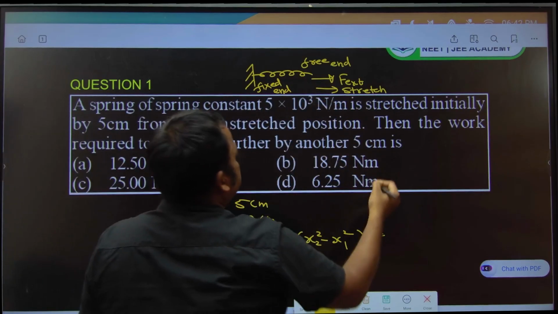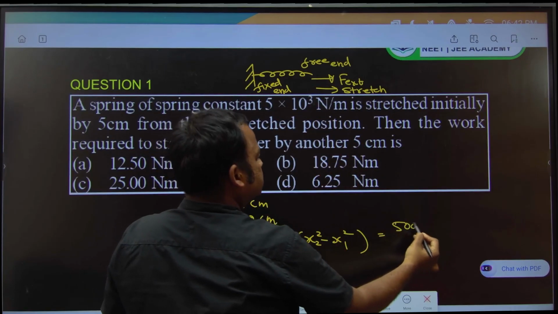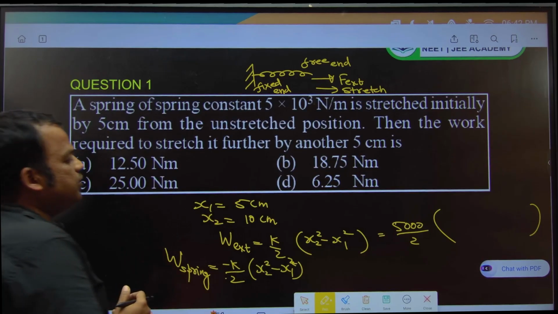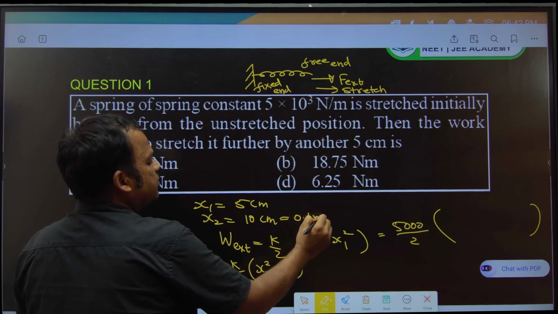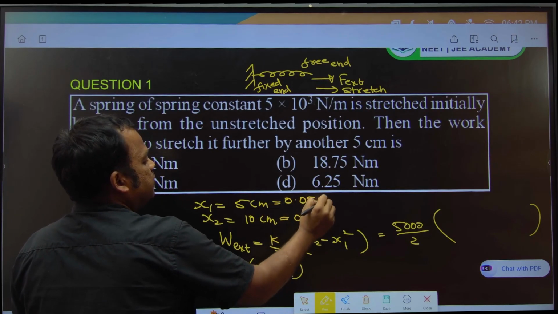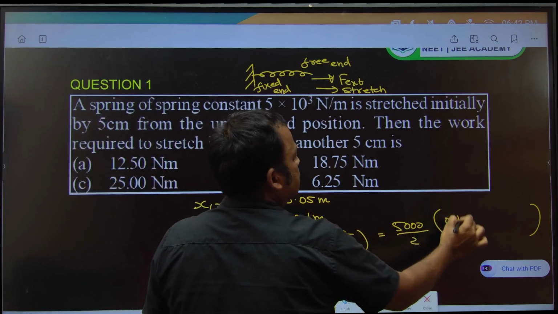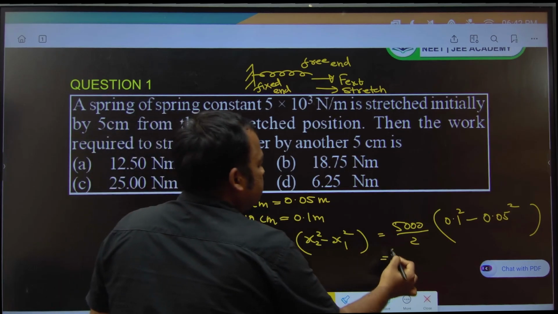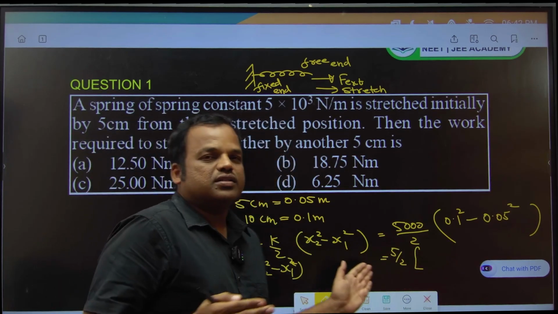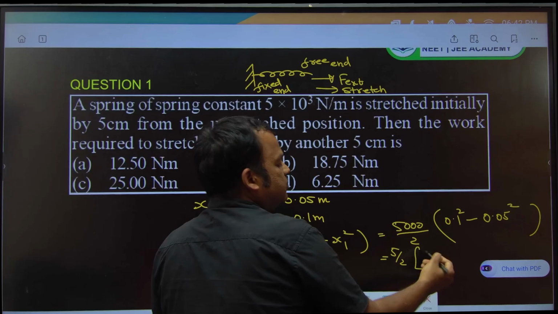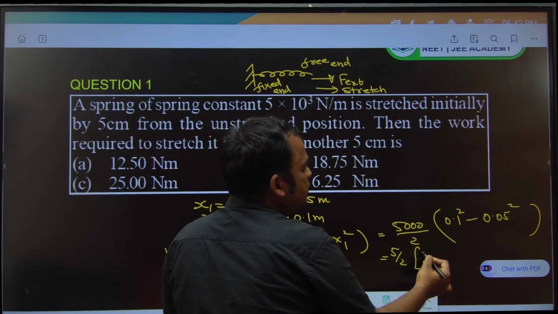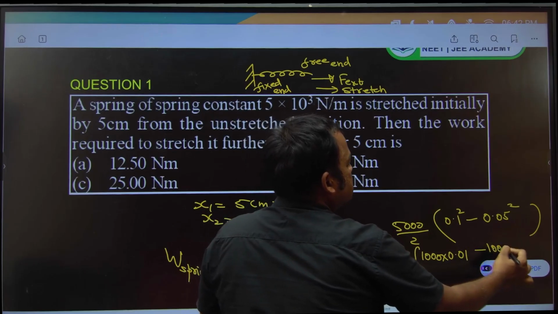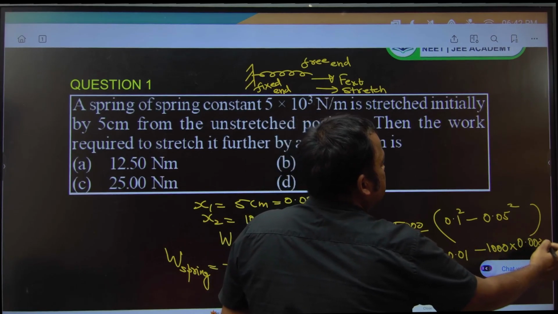So we will use these values. We have 5000 by 2 into x2 square, which is the final elongation. Convert this to meter, so 0.1 meter. Initial elongation is 0.05 meter. So 0.1 square minus 0.05 square. That is equal to 5 by 2. Now 0.1 square is 0.01, so 1000 into 0.01, minus 1000 into 0.0025.